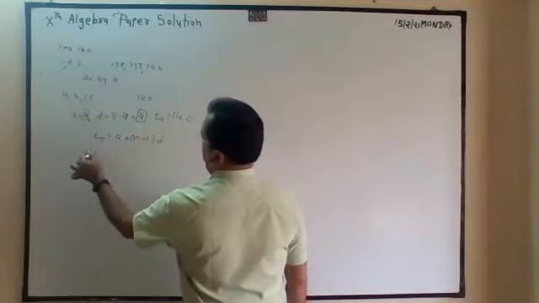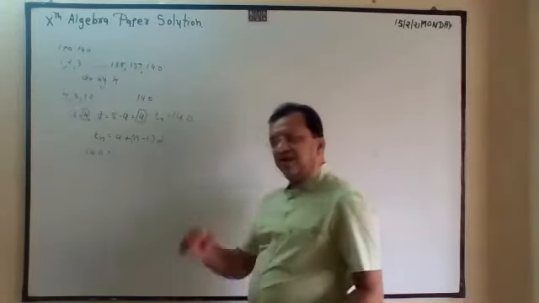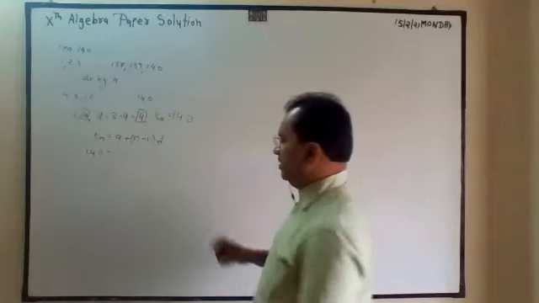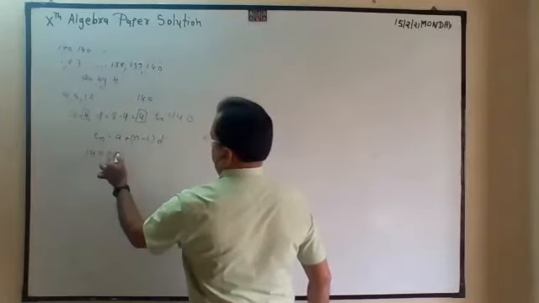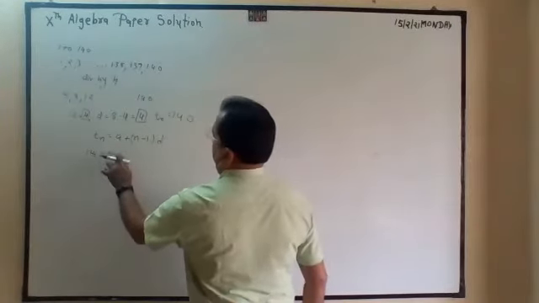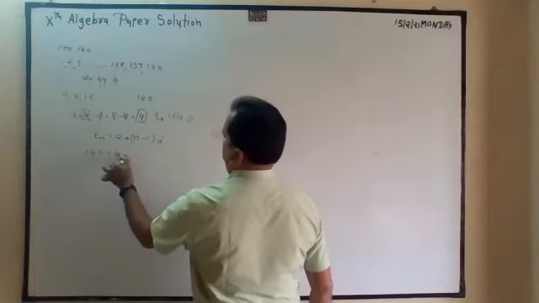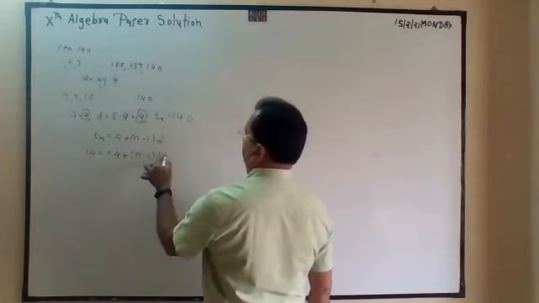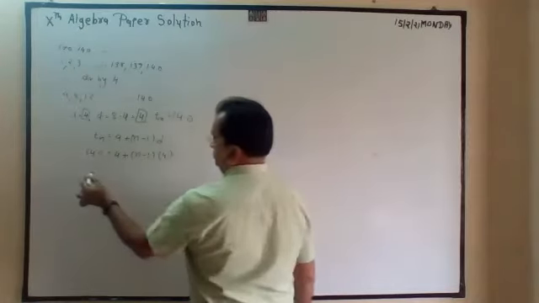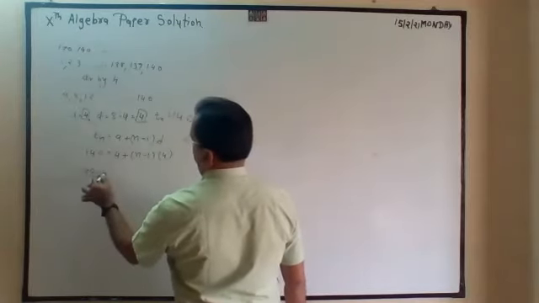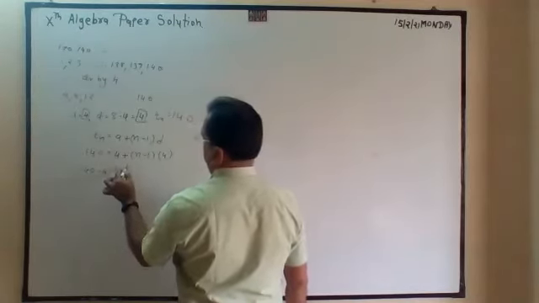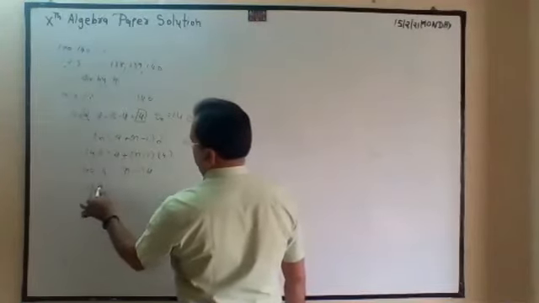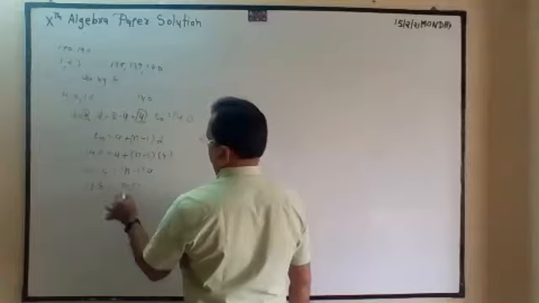Tn is 140. Again, when you have to find n, at that time, don't open the bracket. a is 4, n we don't know, d is 4, 140 equals 4 plus n minus 1 times 4. 140 minus 4 is 136, equals n minus 1 times 4.